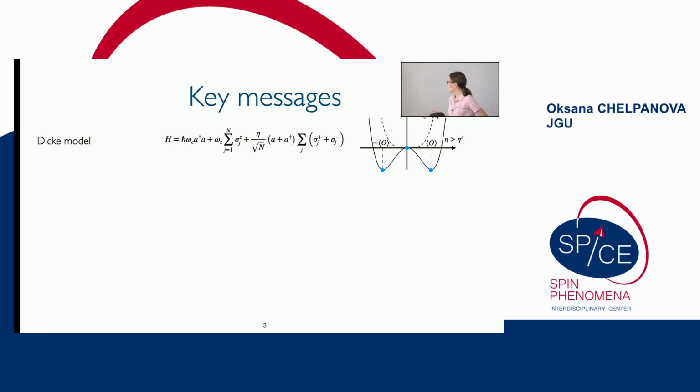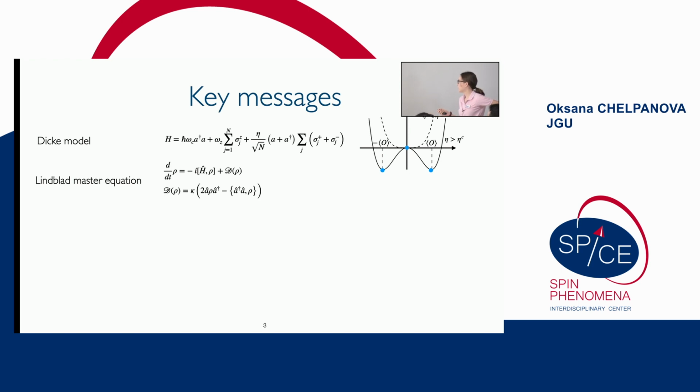So let's start with the Dicke model, which we have seen many times today. It describes the interaction of the cavity field, A, and a bunch of spins, which here are parameterized by the spins sigma. And we know that in these kinds of models, there is a phase transition.